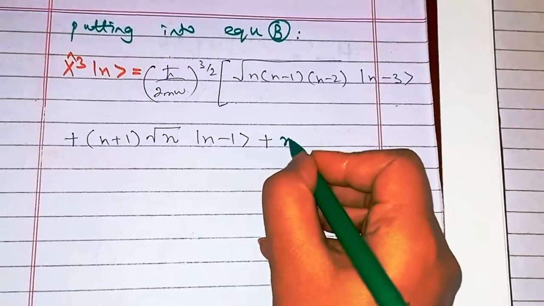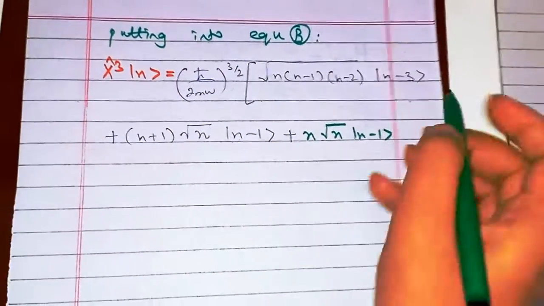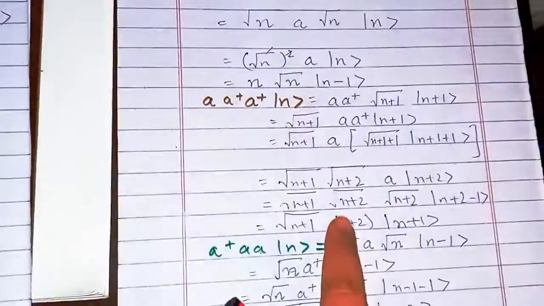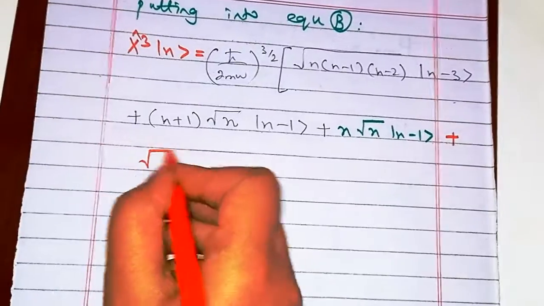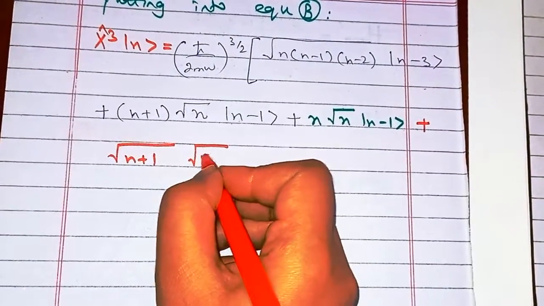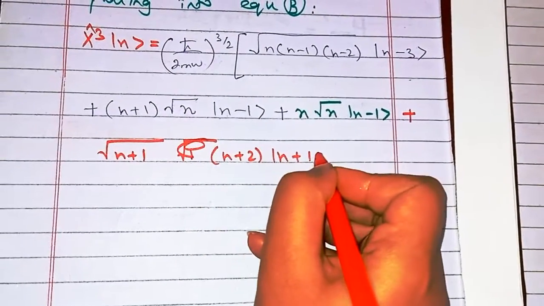Let's put in here n under root, n minus 1 is the ket. Then the plus sign, fourth term, which is this, and under root n plus 1, oh sorry, n plus 2 only, and ket is n plus 1.